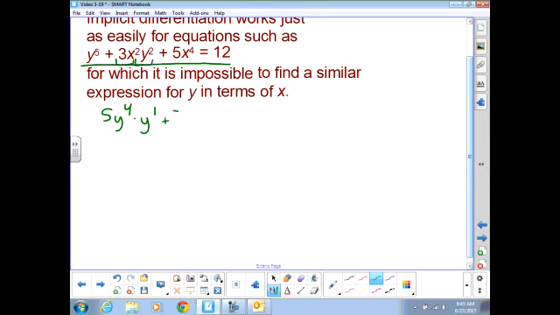So we'll do plus the regular 3x squared times derivative of y squared, which is 2y times y prime. And then we'll do the derivative of the 3x squared, which would be 6x, times your regular y squared. Now we can just go ahead and straight take the derivative of 5x to the 4th, which will be 20x cubed, and the derivative of 12 will just be 0.